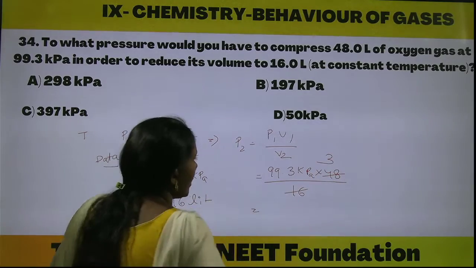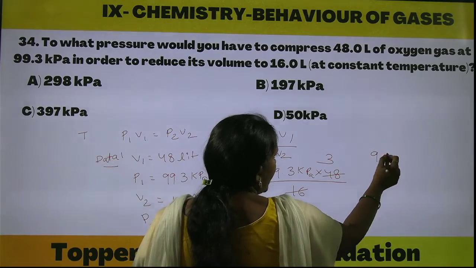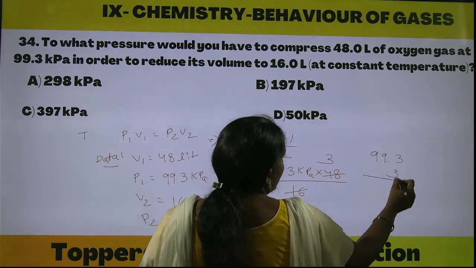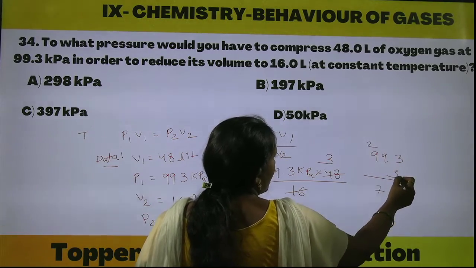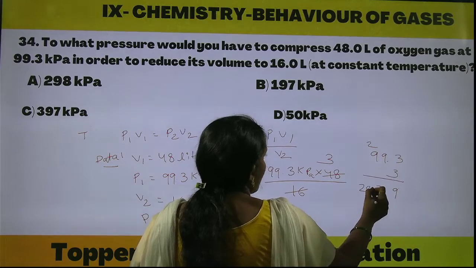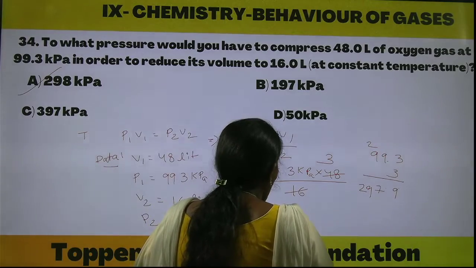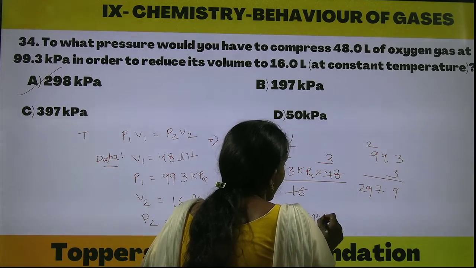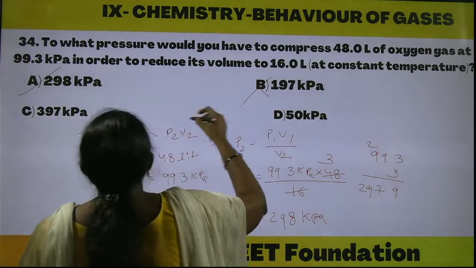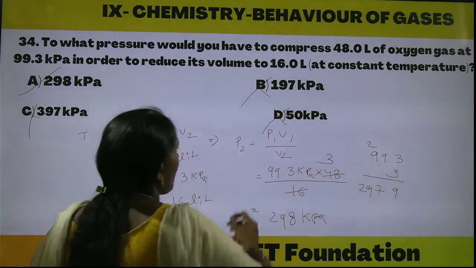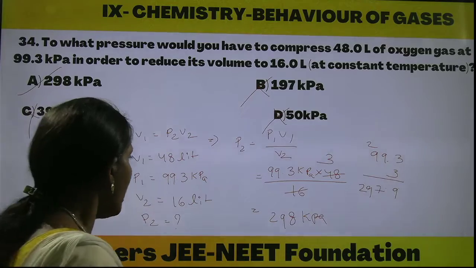So multiply 99.3 into 3 and we will get the answer. 3 nines are 27, so 297.9 means about 298 kilopascals. So the answer is option A, 298 kilopascals. Not B, 397 is wrong, 50 kilopascals is wrong. So our correct answer is 298 kilopascals. Okay, comes to the next one.